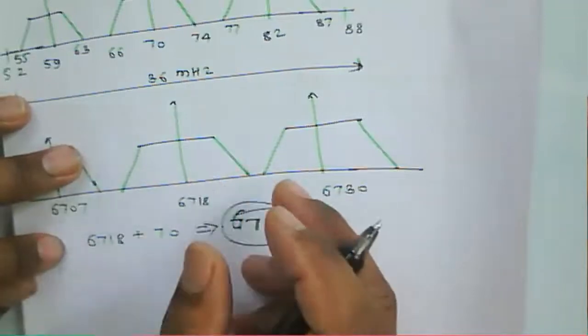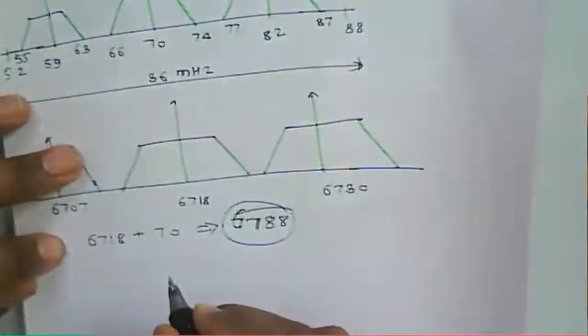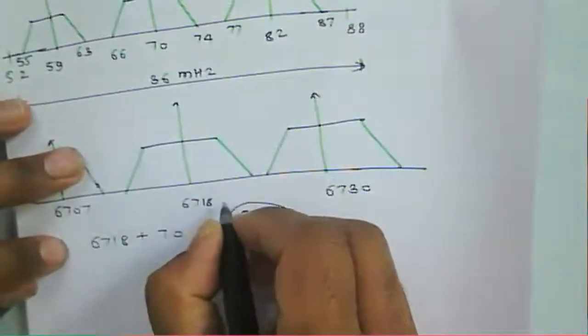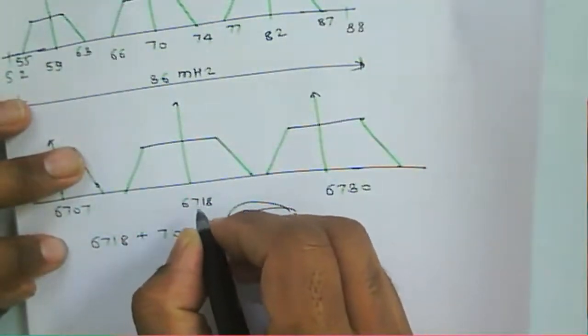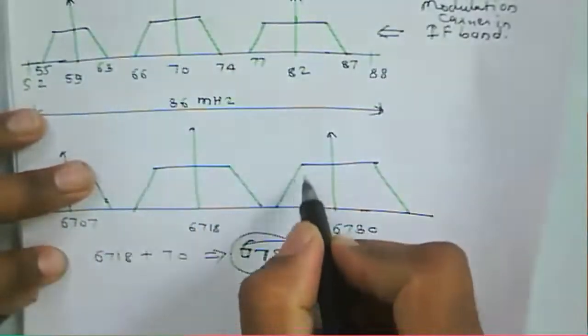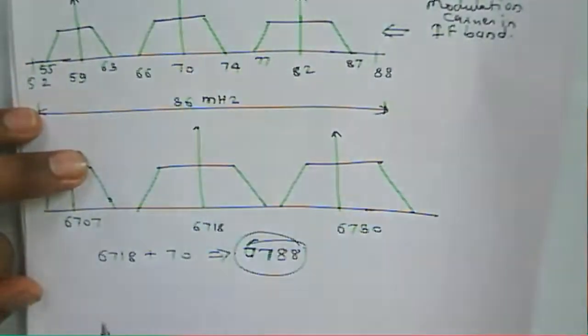So in that case, we can select that 6788 minus 70, so that is about a 6718, that is the difference component. So according to that, we can find out this particular frequency component.